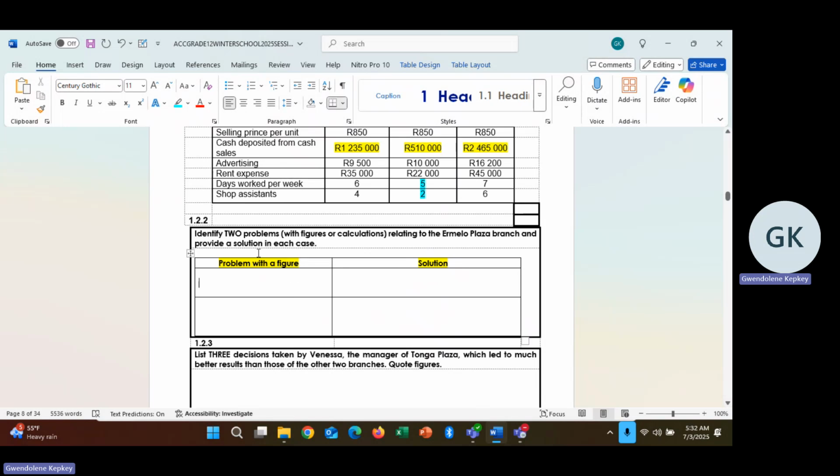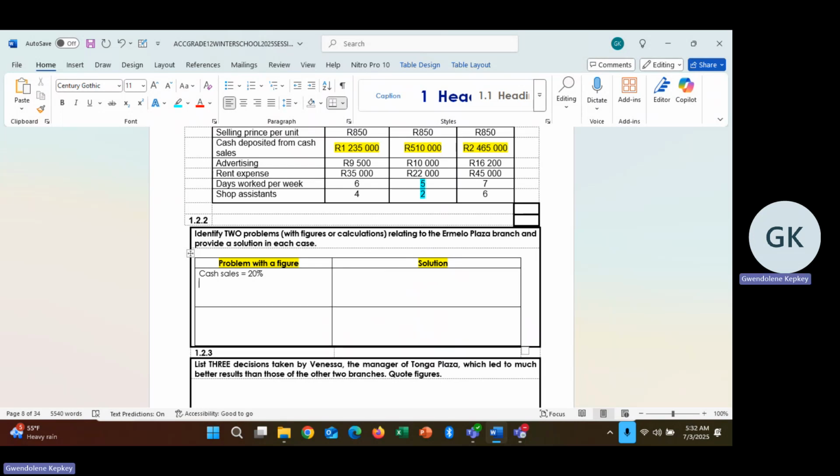We're first going to indicate the problem with a figure and what the possible solution is. So if you can recall, all that you can just write there is cash sales equal to 20%. And then you can indicate that your credit sales is equal to a full 80%. That's a matter of concern.